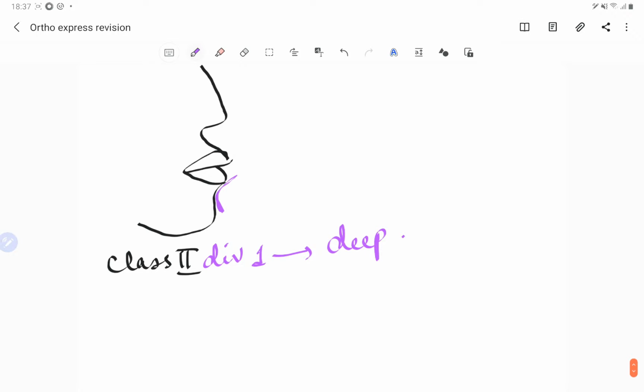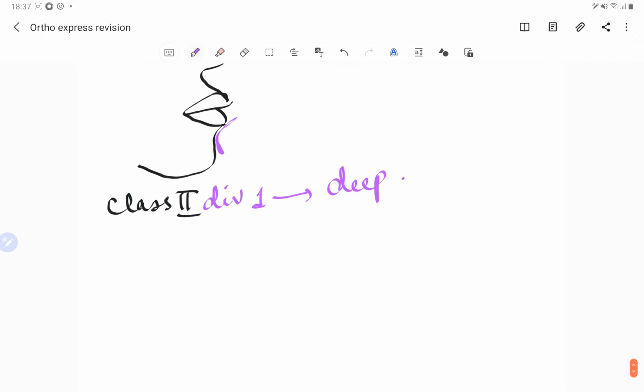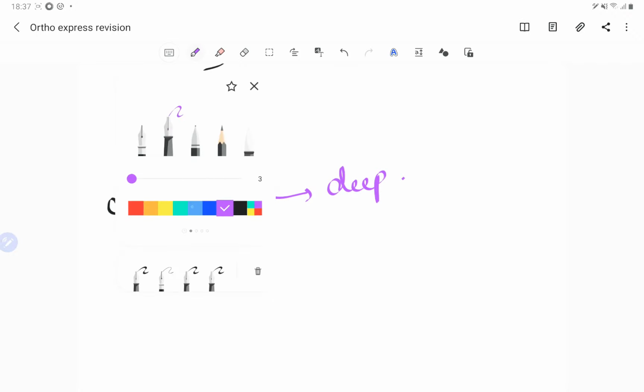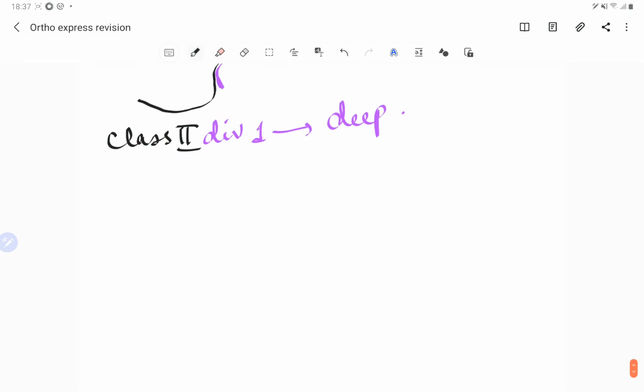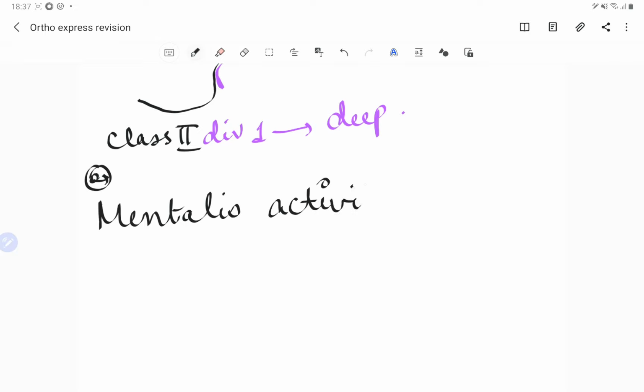Then in the examination of chin, we also see the activity of mentalis muscle. Normally, in a normal individual, the mentalis muscle doesn't show any contraction when it is at rest, right?